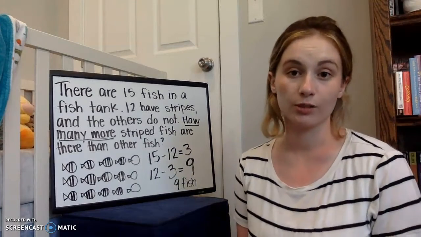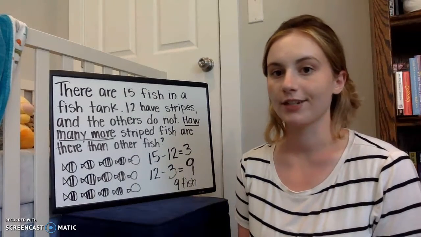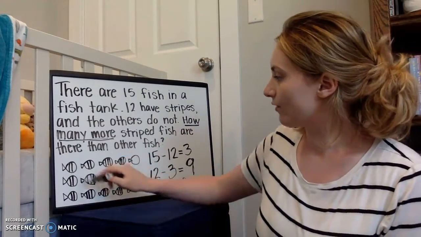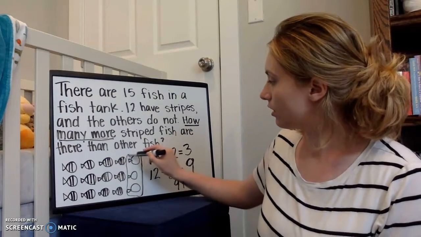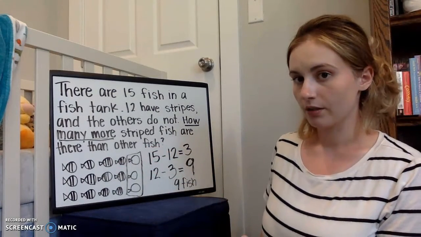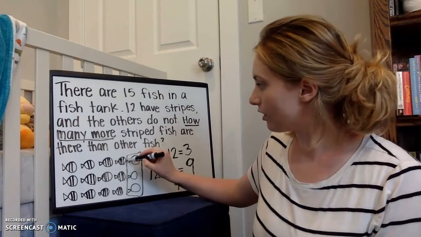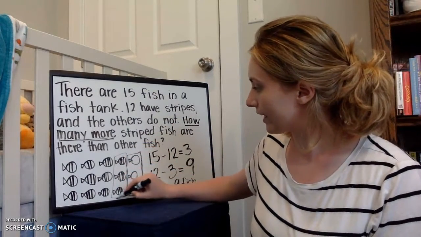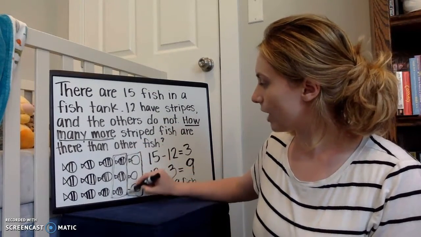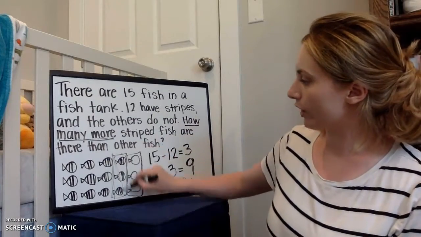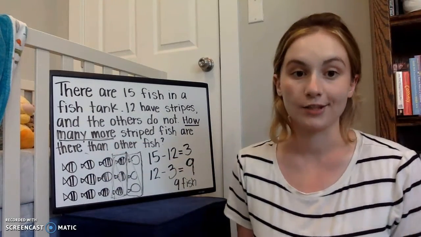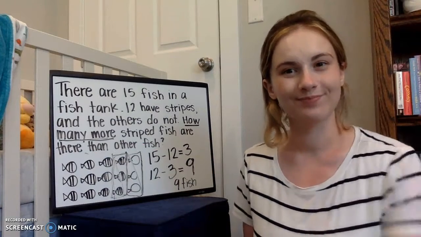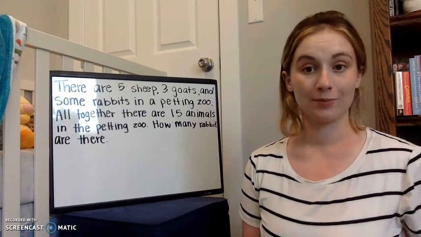I know that I had to do subtraction because I wanted to figure out how many more fish are there in here. I've got 3 fish that are not striped. So I'm going to take off 3 of my striped fish to kind of make it equal. So now those are gone. And what is left is my answer. So 9 fish. Okay, so here's my next problem.